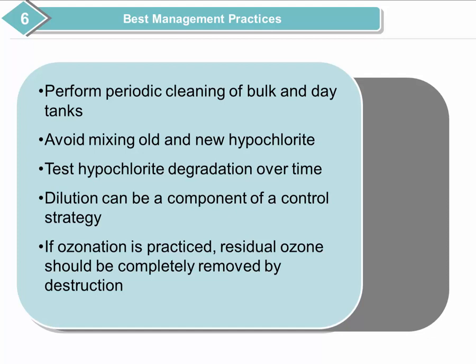Dilution can be a component of a control strategy because the rate of decomposition increases as the concentration of hypochlorite ion increases. If ozonation is practiced, residual ozone should be completely removed by destruction, since ozone can react with chlorine to form chlorates.